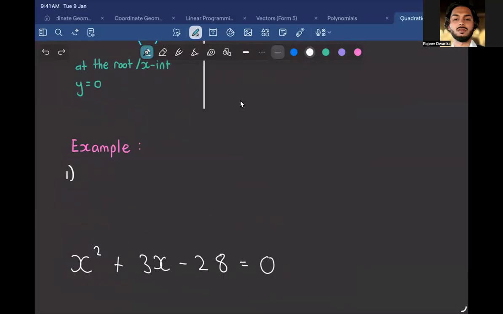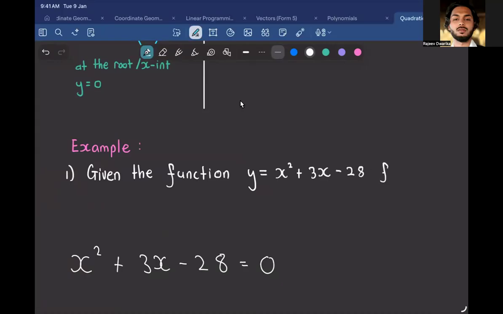Right, so Avinash, given the function y is equal to x squared plus 3x minus 28, find the roots and do a quick sketch.